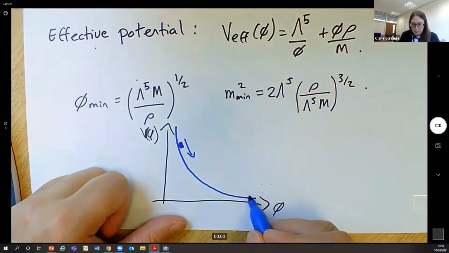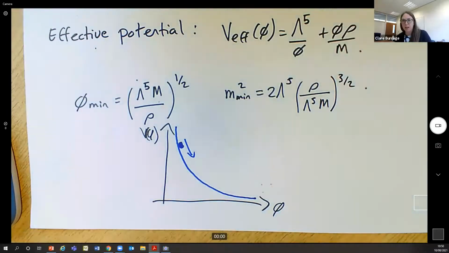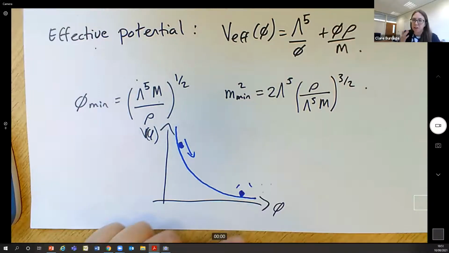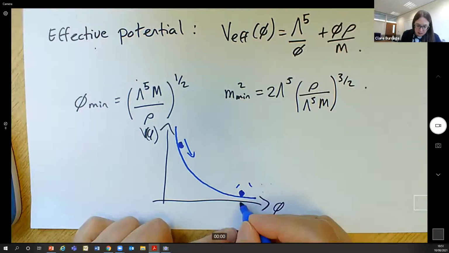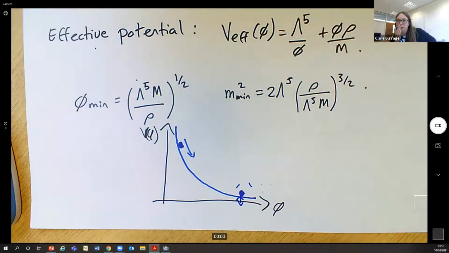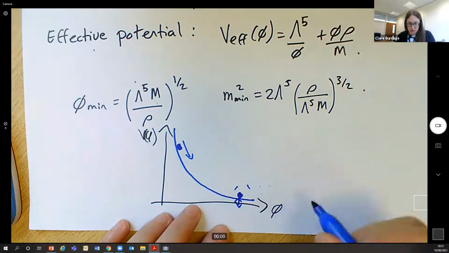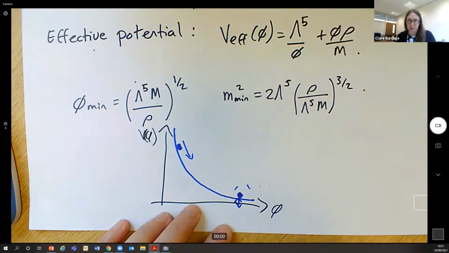But at some point, because the universe is expanding and we have this Hubble friction term in the equation of motion for our scalar field, it gets frozen. So the friction term dominates, the field gets stuck here, and then there's some height of the potential there, which becomes our effective cosmological constant at late times. So this is the freezing quintessence scenario.